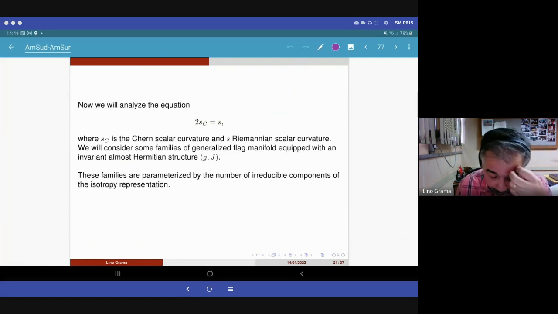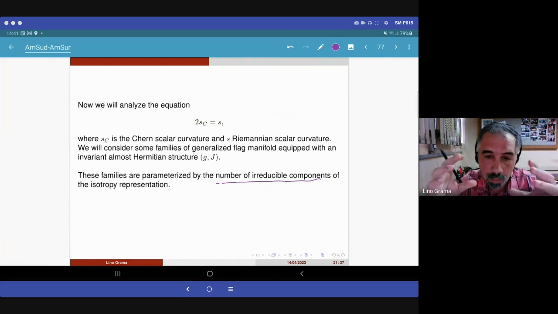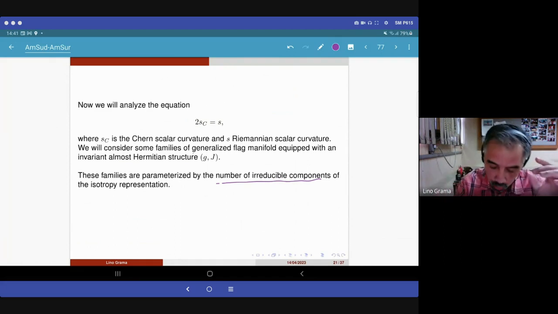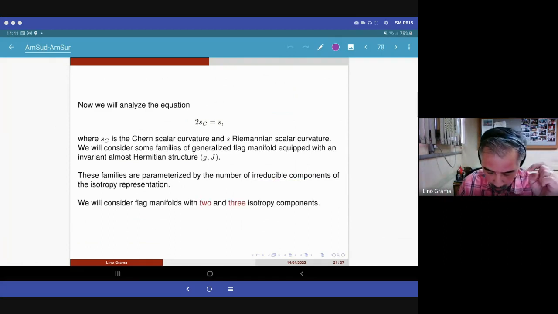But it's not all flag manifolds, unfortunately, because this family of generalized flag manifolds is parameterized by the number of irreducible components. In this talk and for this work, we made the analysis for flag manifolds with 2 and 3 isotropy components.